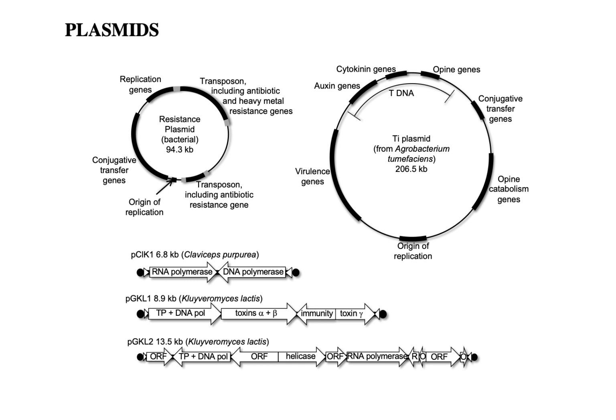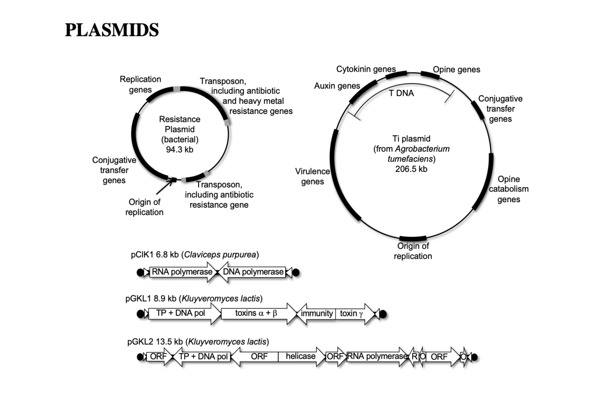And in this case, only the auxin genes, cytokinin genes, as well as opine genes and some others are transferred on a piece of DNA called the T-DNA, which also resembles infection by a viral nucleic acid. And that actually gets integrated into the plant chromosome.